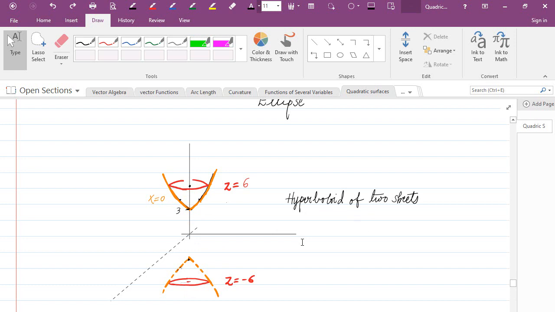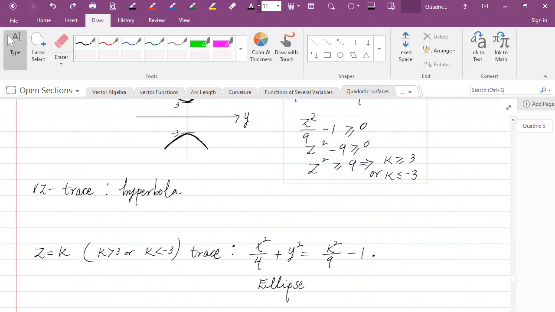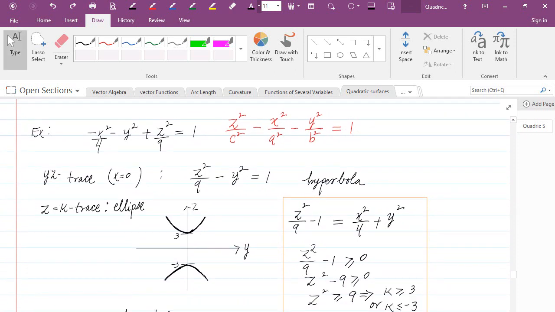If we were to look at the xz trace, the xz trace will also be a hyperbola. So that's a hyperboloid of two sheets.